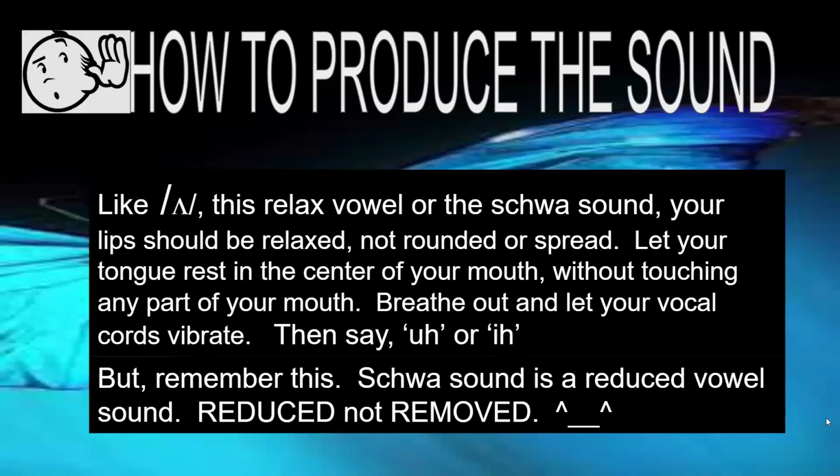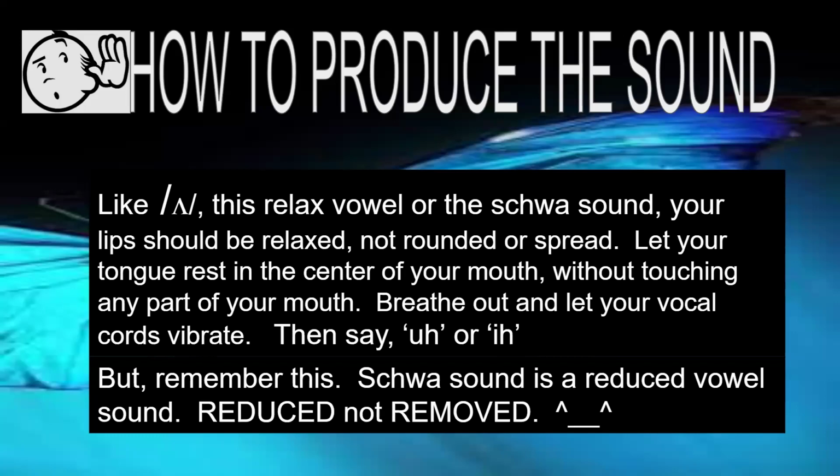To produce the sound, we have to relax our articulation like the previous one. So this relaxed vowel, or what we call the schwa sound, your lips should be relaxed, again, not rounded, not spread.